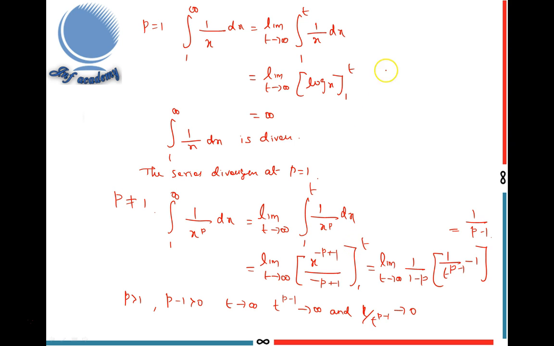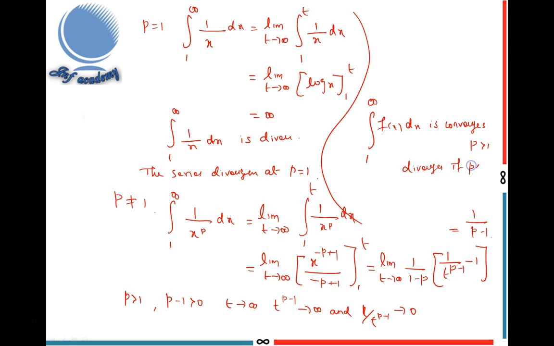Finally, I write that the integral from 1 to infinity of f(x) dx converges only for p greater than 1, and diverges if p is less than or equal to 1.